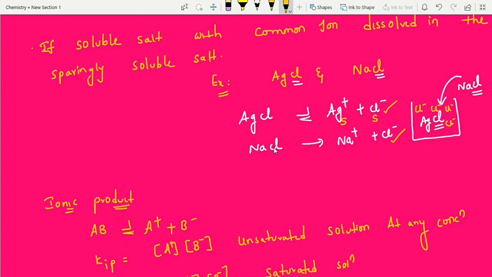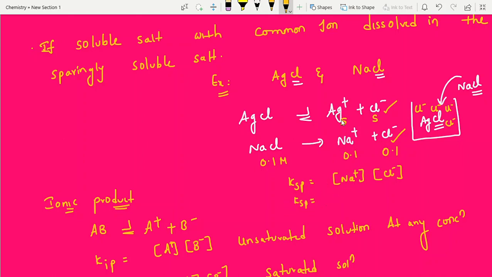For this type of numericals, this is how to solve. Suppose you take some concentration value, 0.1 molar. This is also 0.1 molar, and this is also 0.1 molar. Units are moles per liter, molarity. Now you can write the expression. KSP equal to Na plus, Cl minus, because NaCl is more soluble, that I am taking.